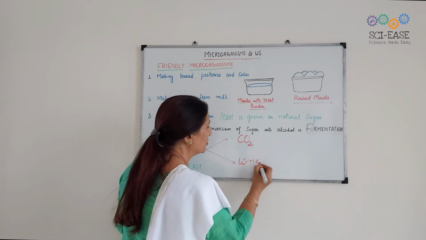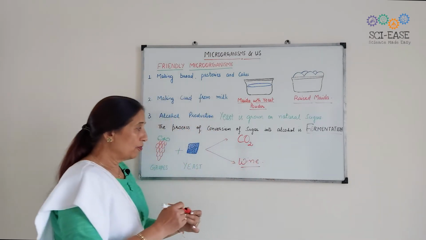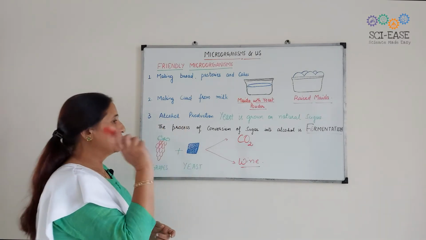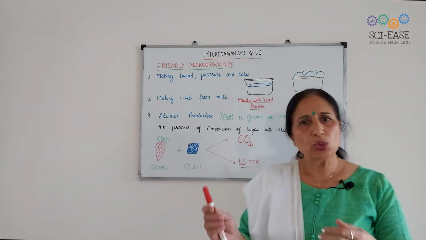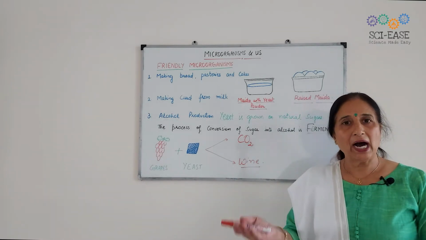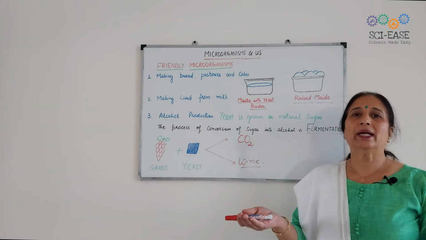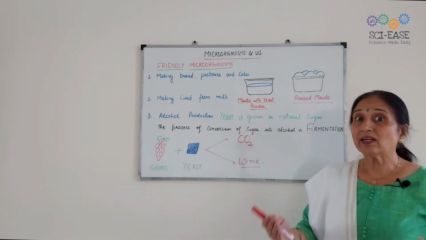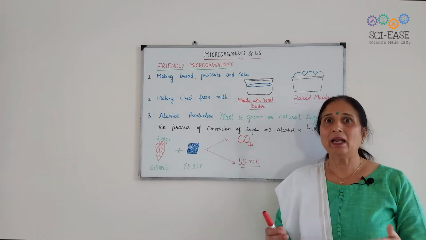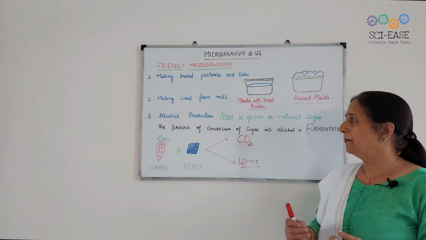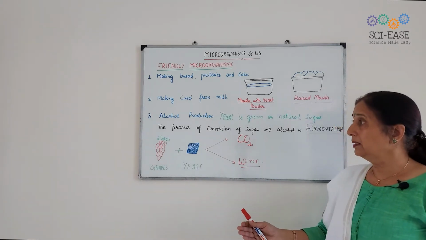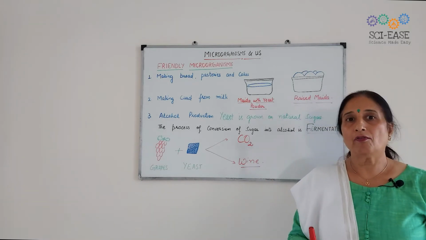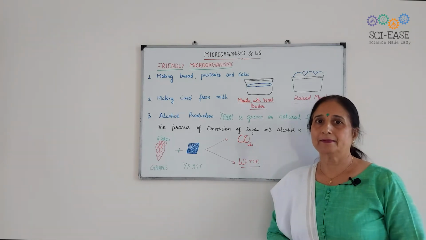Wine or alcohol will be formed by the process of fermentation. You can take sugar in any form. Barley you can take, wheat you can take, beetroot. So the microorganisms help in preparing alcohol. So industrially, this is a commercial importance of microorganisms.